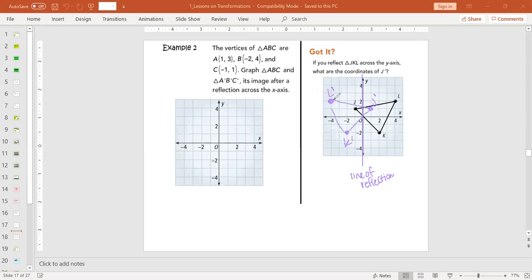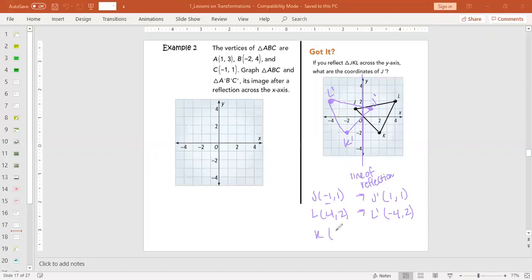It's a mirror image. All the points are equal distance from the line of symmetry or the line of reflection. And if I was to list my points, J was -1, 1. If we reflect over the y-axis, the x value changes. So J prime was +1, 1. L was 4, 2. So L prime was -4, 2.